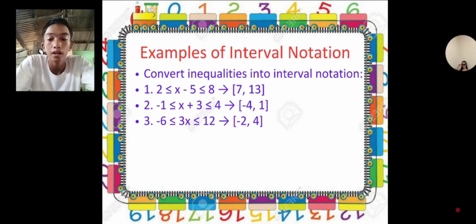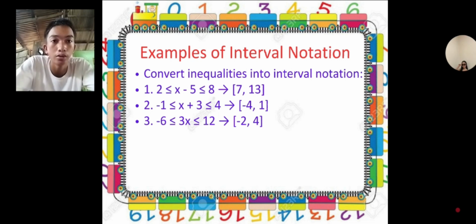Remember that greater than or equal and less than or equal indicate closed endpoints, square brackets, and less than and greater than indicate open endpoints, parentheses.